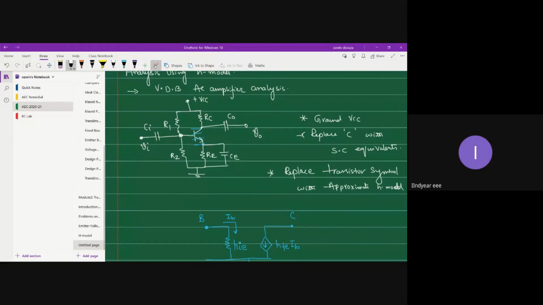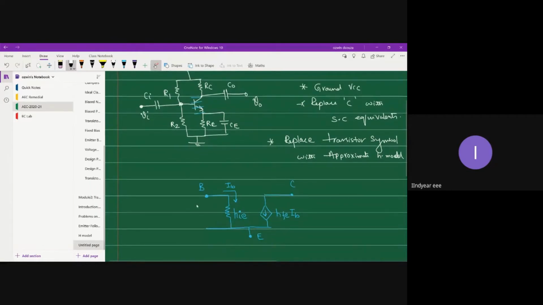So each of R1 and R2 gets connected to the base terminal. So let's connect. So this is your, say, R2, and this is your, say, R1. Okay, so it's connected to base, and the remaining terminal is connected to ground.